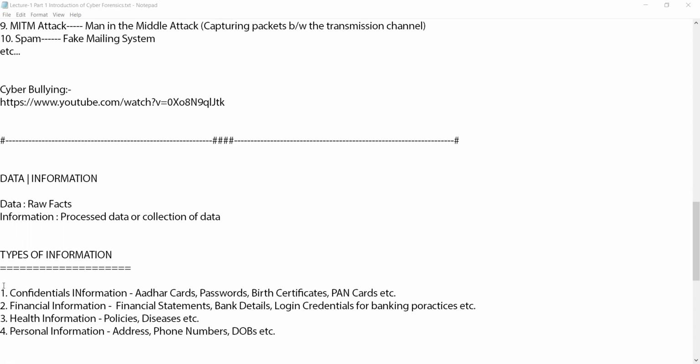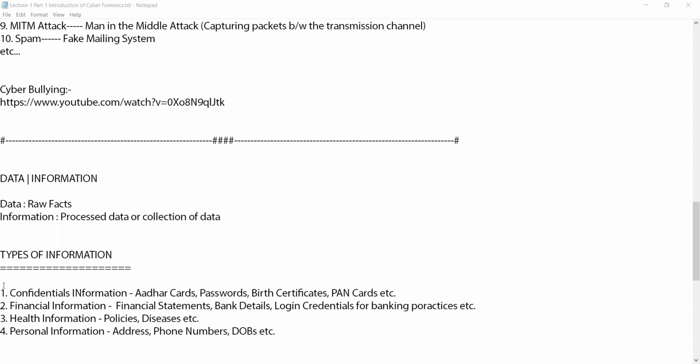So anyone could come at that time and extract the Aadhaar cards of different users. This type of activity is involved in cyber crime, and it is the leaking of confidential information, right? So the cyber criminal actually wants information from your confidential information category.